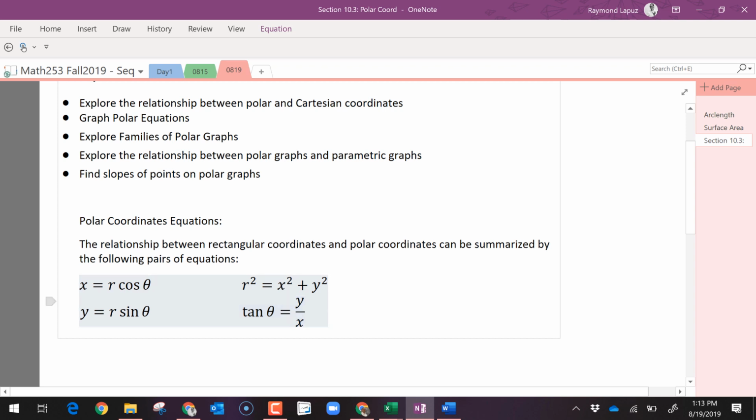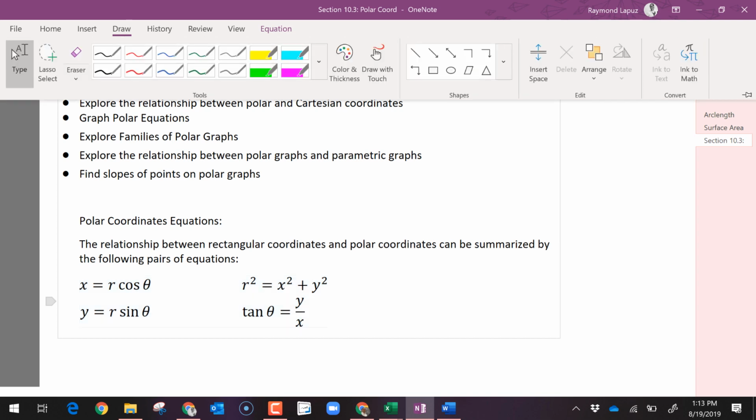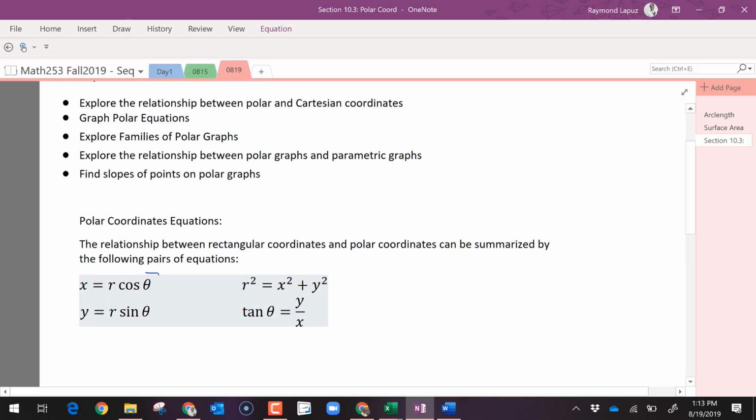I think more commonly, when people think of polar coordinates, they think of these two equations: x is equal to r cosine theta and y is equal to r sine theta. That might look familiar because that's how we look at circles and stuff like that. But it really does come from circles and trig.